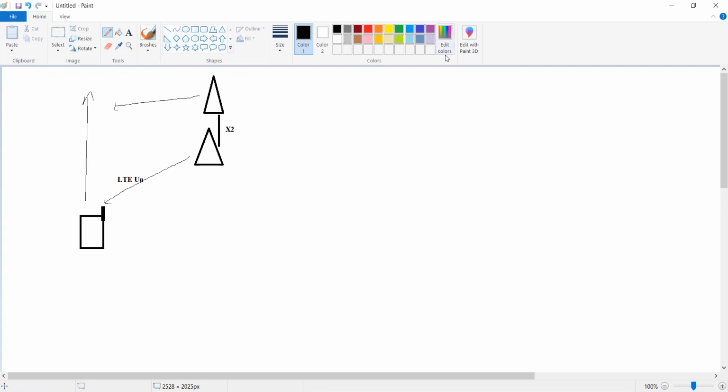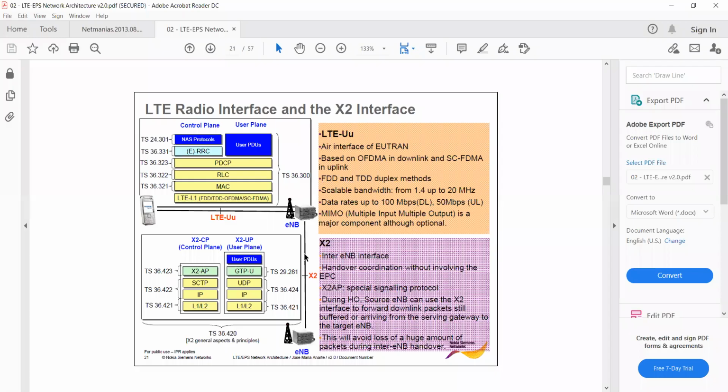Next, let's write some points. What is the X2 interface? The X2 interface is an inter-eNode B interface. Make two points. The X2 interface is an inter-eNode B interface. It is responsible for handover coordination without involving the MME or EPC.